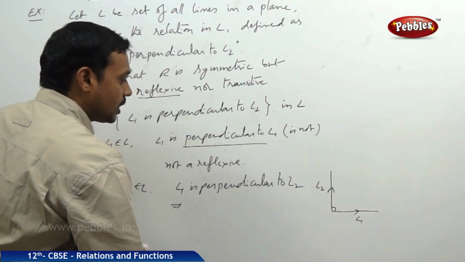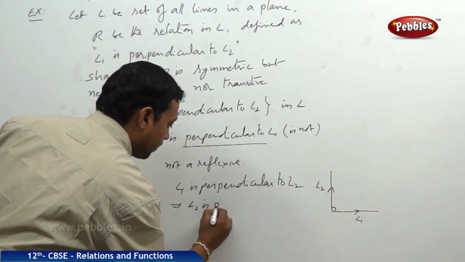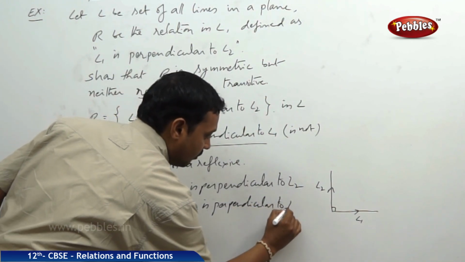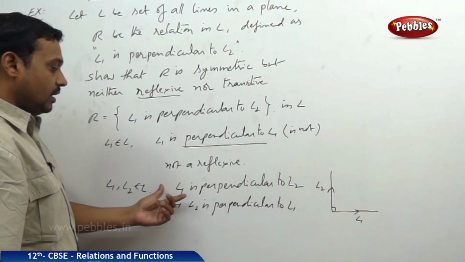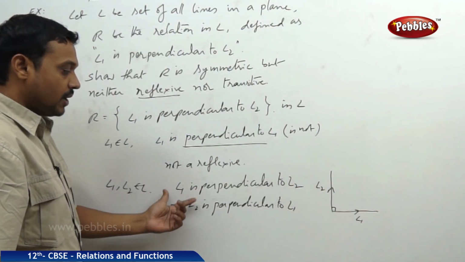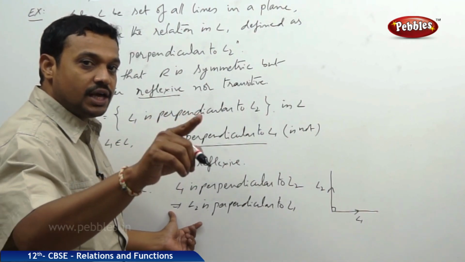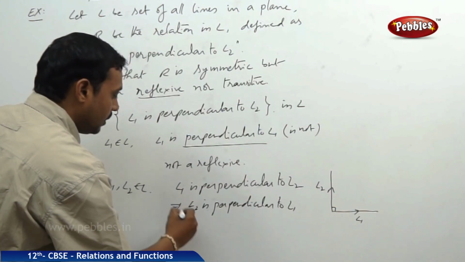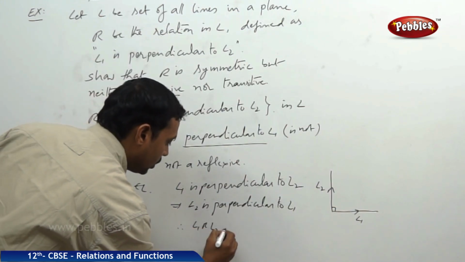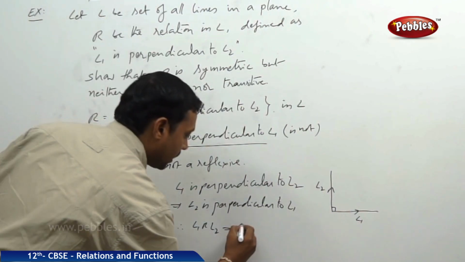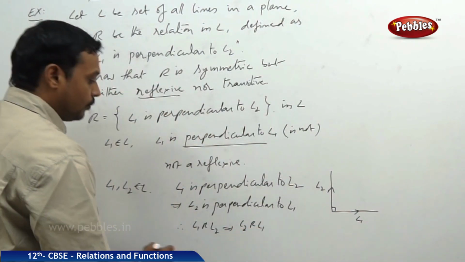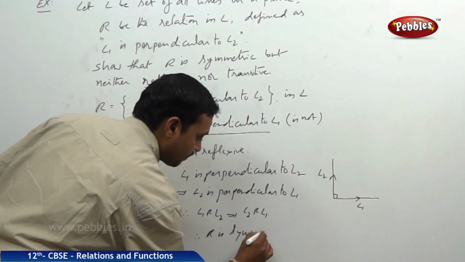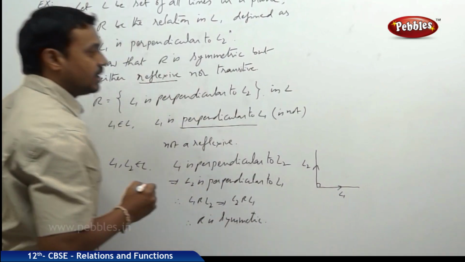Therefore, L1 perpendicular to L2 implies L2 perpendicular to L1. That means for every (A, B) belonging to R implies (B, A) also belongs to the same relation. Hence the relation R is symmetric.